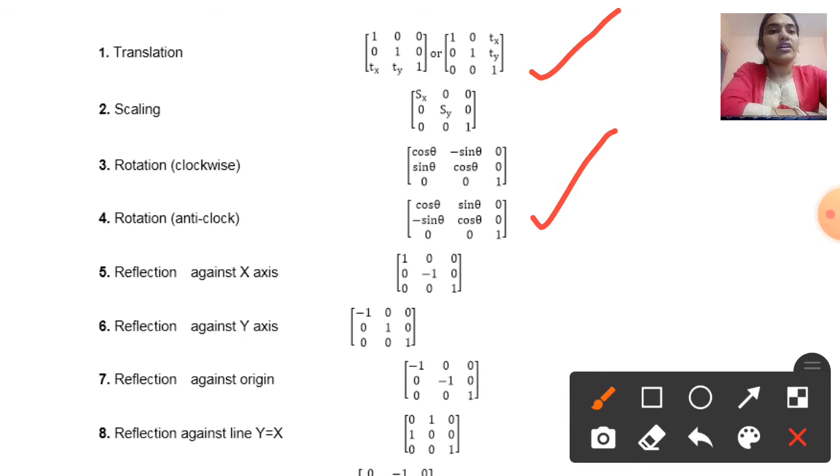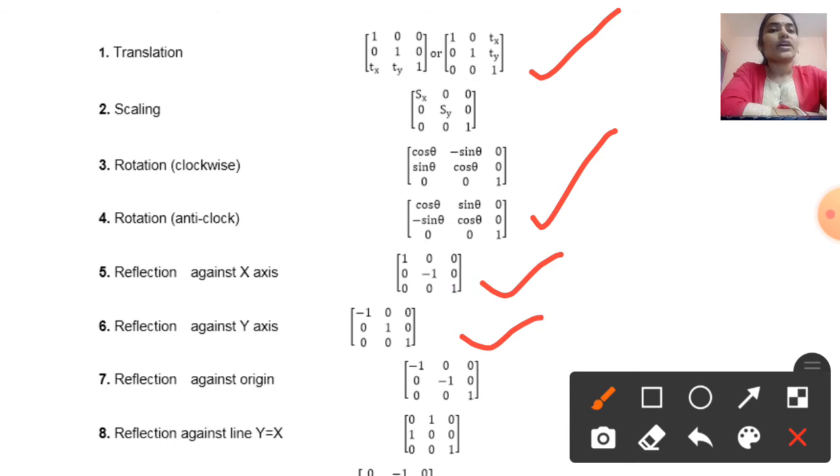Now let us discuss it in a 3 cross 3 matrix, which we will also use in the examples in detail. So the 3 cross 3 matrix is 1 0 0, 0 minus 1 0, 0 0 1. Then reflection against the y-axis means x will be negative, y will be positive.